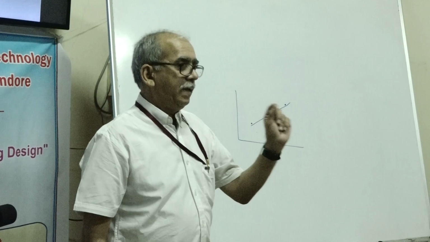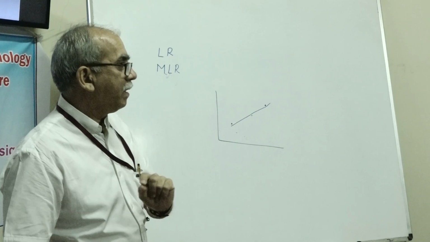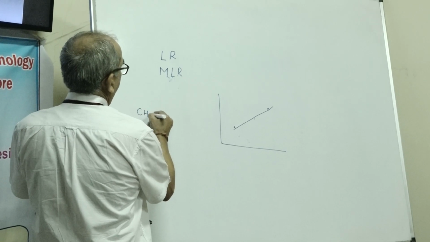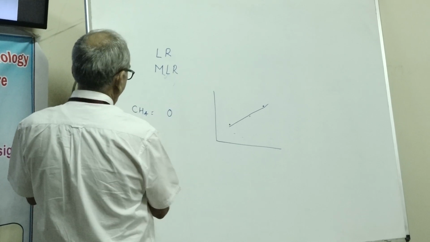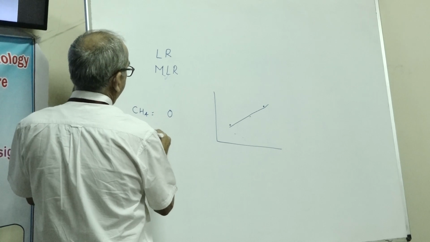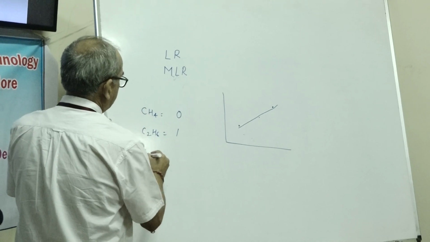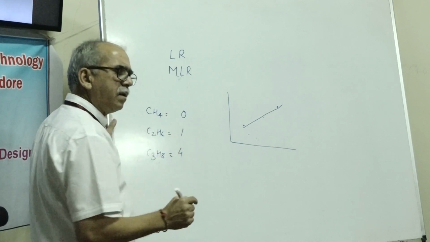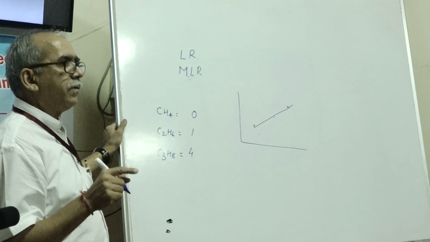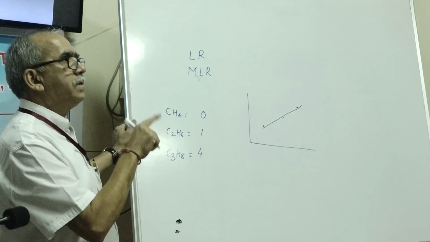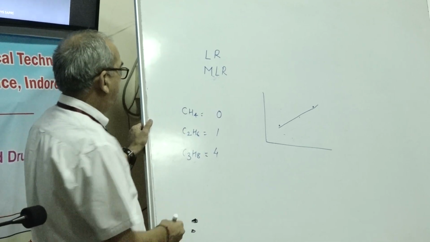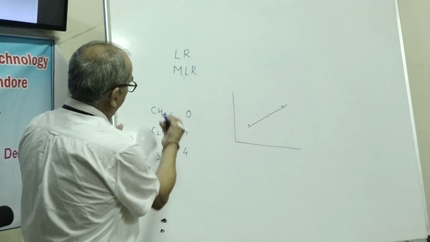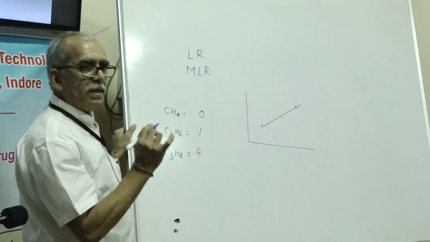Yesterday we calculated Wiener index, right? Like suppose for say CH4 it was 0, C2H6 it is 1, C3H8 it would be 4. And now let us say we plot with the number of carbon atoms.